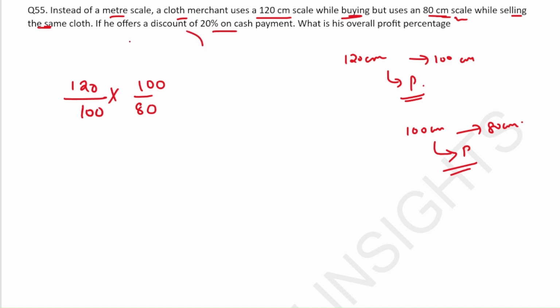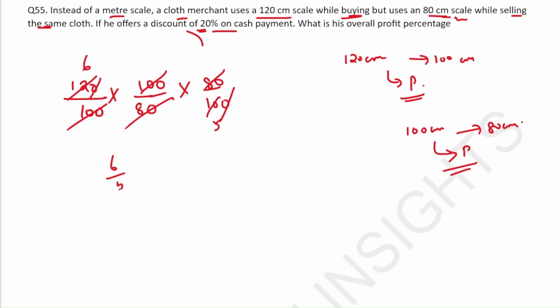Now he offers a discount of 20%. That means he is getting a loss, right? Discount of 20% means if the cost price is 100, it becomes 80, right? So this is the equation. Now 100, 100 cancel, 80, 80 cancel, 0, 0 cancel. This will be 6, 2 5s are.